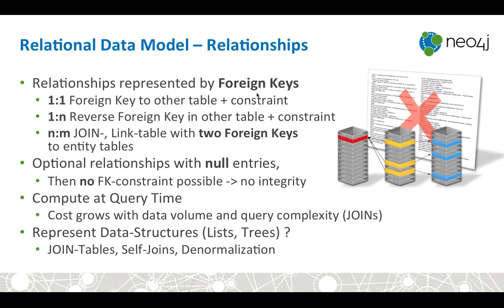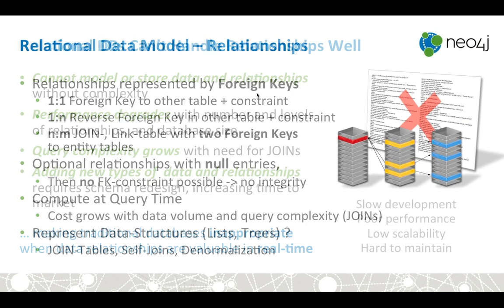And as soon as we get into higher cardinalities, many-to-many relationships, we have to introduce a new table, because that's the only building block in a relational database. You only have tables, you don't have anything else, which is called join table or link table, or there are a number of other names for that table as well, which are usually just placeholder for representing many-to-many relationships, which have two foreign keys.